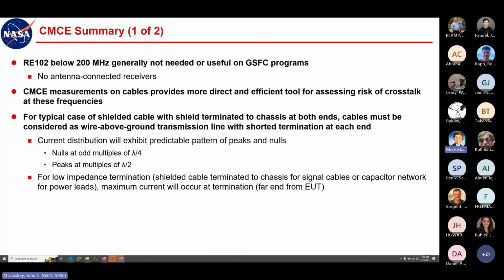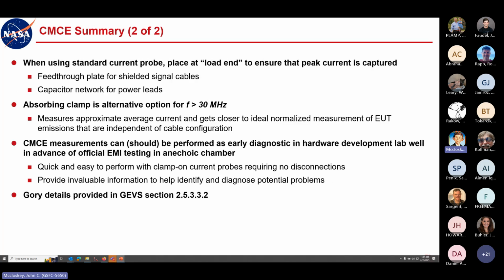So knowing that physics and knowing the math will help you understand what you're looking at when you see that on a spectrum analyzer or a network analyzer. So for a low impedance termination, a shielded cable terminated to chassis for signal cables or the capacitor network for power leads, the maximum current will occur at the termination, so the far end from the EUT.